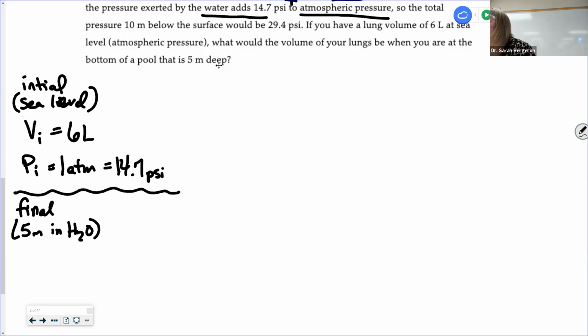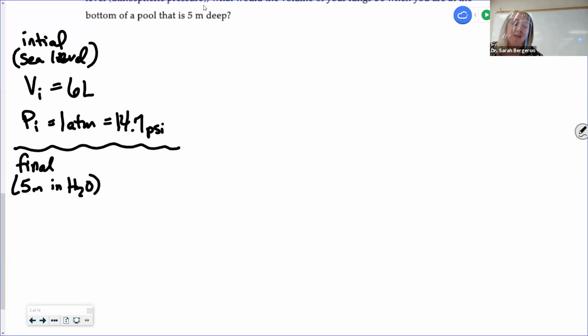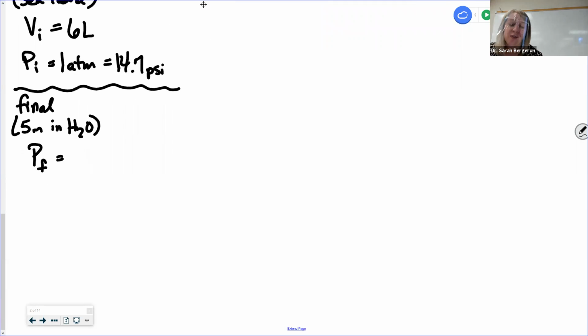We know the pressure at 10 meters. So eventually we're going to know the pressure final at 5 meters, but we don't know it yet. So let's go solve that. How do we get pressure final? We know at 10 meters, it's what?